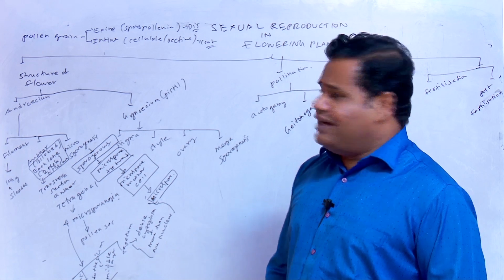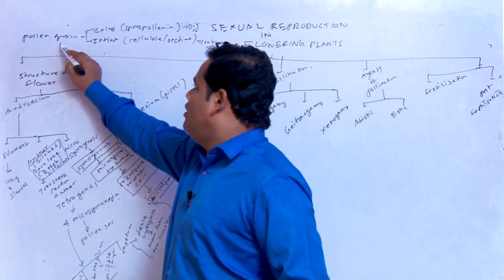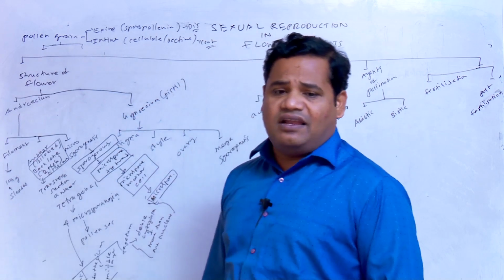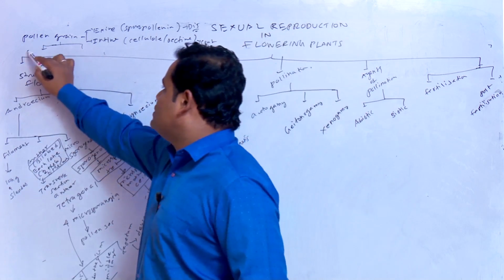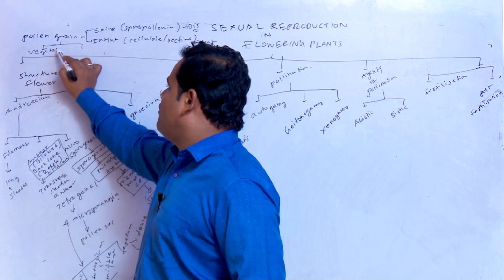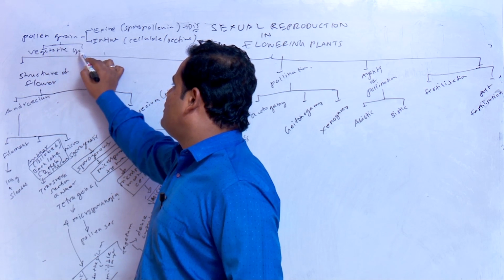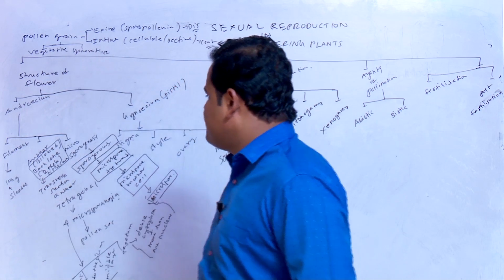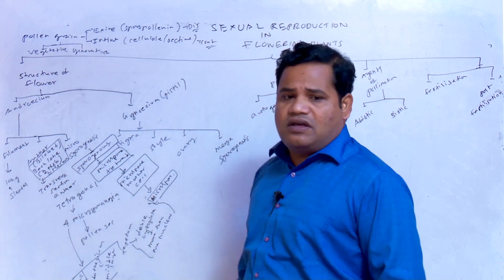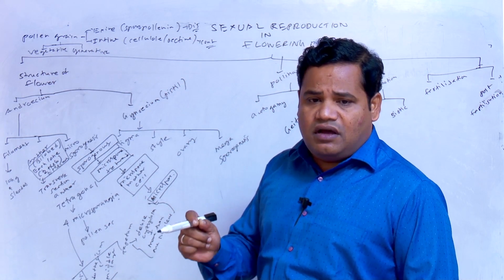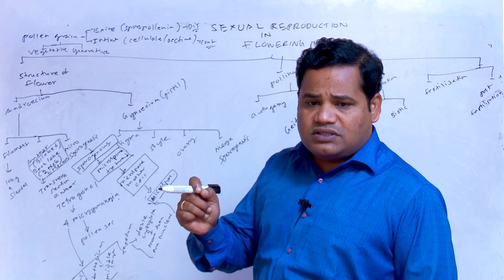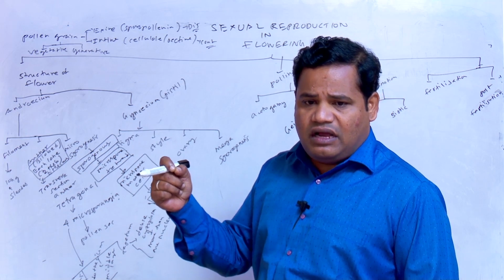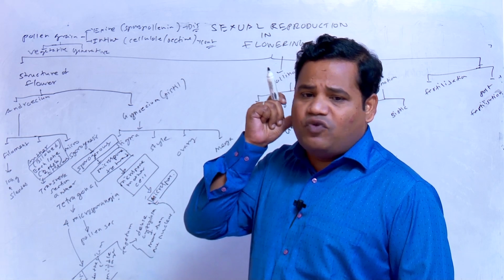The pollen grain consists of two types of cell, one is the vegetative cell, another one is the generative cell. The vegetative cell has a large and irregularly shaped nucleus, and it normally has abundant food reserve.